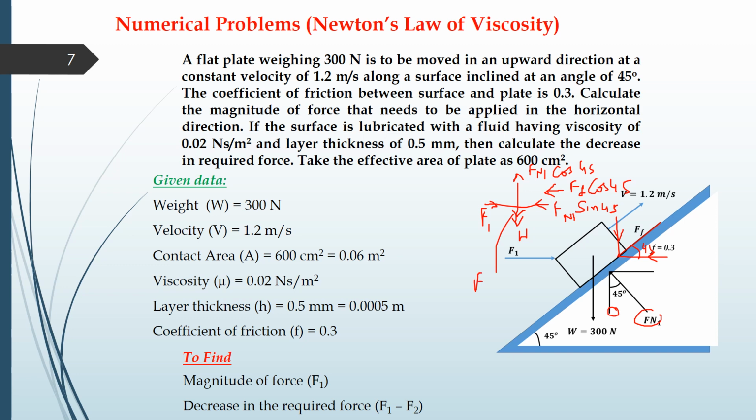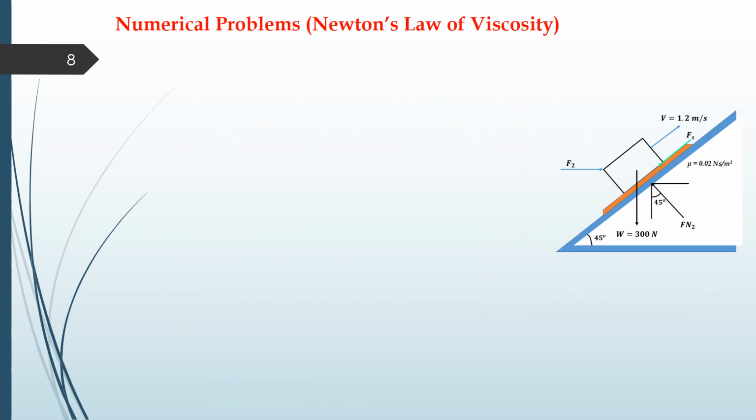So we will have this component also which will be in the downward direction, that is Ff sine of 45. So summation of the forces in y direction will be 0, and summation of forces in x direction will be equal to 0.